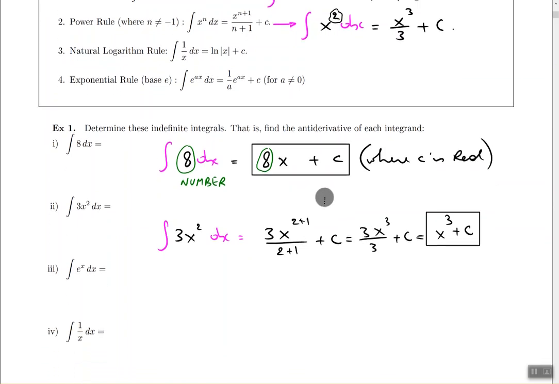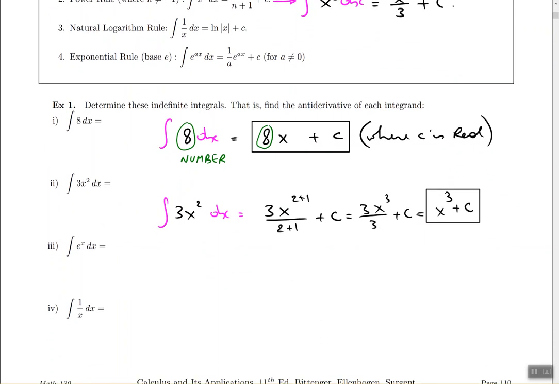So let's practice those formulas down here. So this one says antiderivative of e to the power of x dx. So what's the antiderivative of e to the power of x? What's the number in front of x? Well, there's nothing. That means it's an invisible 1. So according to the formula, the number in this problem is 1.